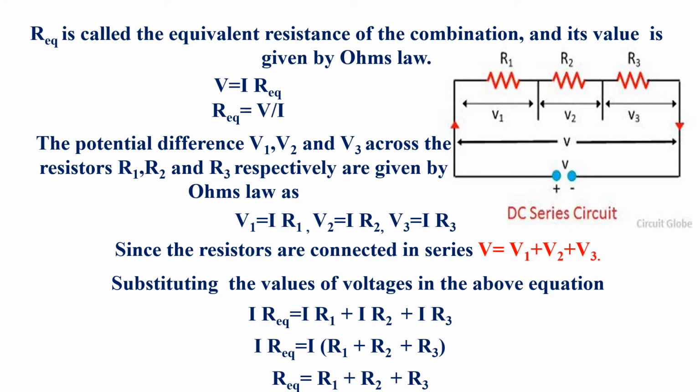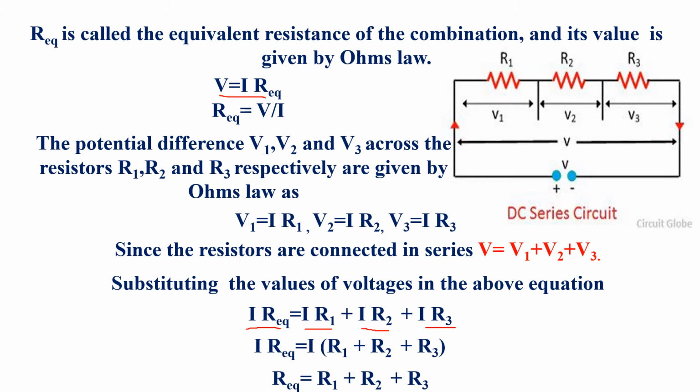Now here according to Ohm's law, V is equal to I Req. So to get Req we take V by I, as we said. So here, I Req, which is V, V is equal to I Req. I Req is first equal to IR1 plus IR2 plus IR3.